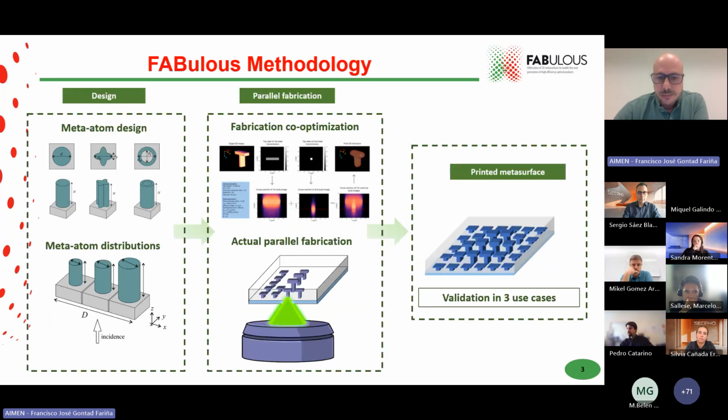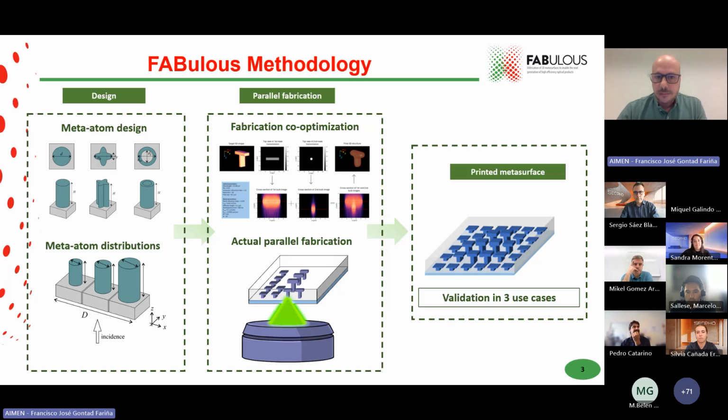So in Fabulous, as I mentioned, we are developing a full methodology. The idea is to tackle the problem from an overall point of view. We are designing the metastructures, starting from the meta-atom design and the meta-atom distribution, meaning not only the sizes and shapes of the meta-atoms, but how they are distributed on top of the surface.